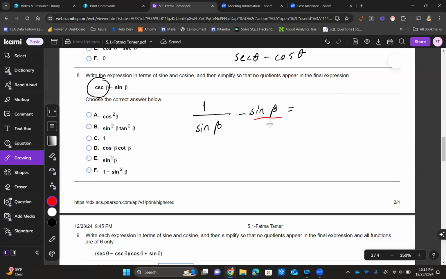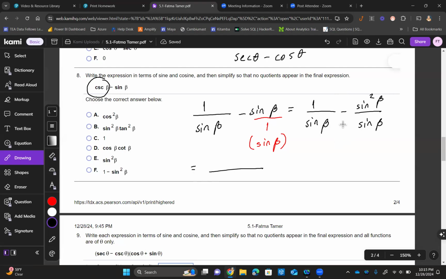So since sine of beta has a denominator of 1 right now, and we cannot perform this subtraction because they don't have the common denominator yet, we're going to go ahead and multiply the second part by sine of beta. So I will copy the first part the same, 1 over sine of beta. And then here, sine of beta multiplied by sine of beta makes sine squared of beta, and the denominator will be just a sine of beta now.